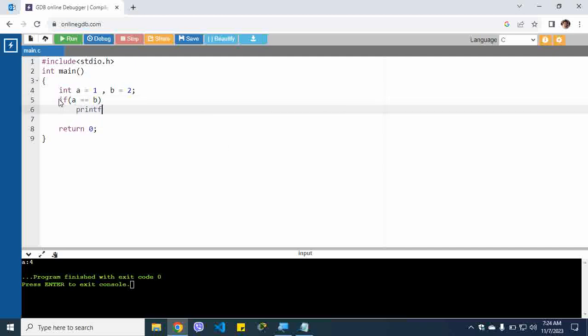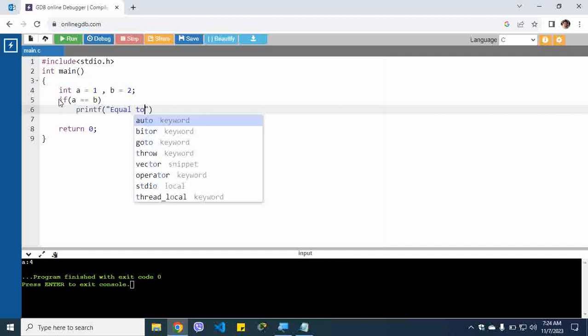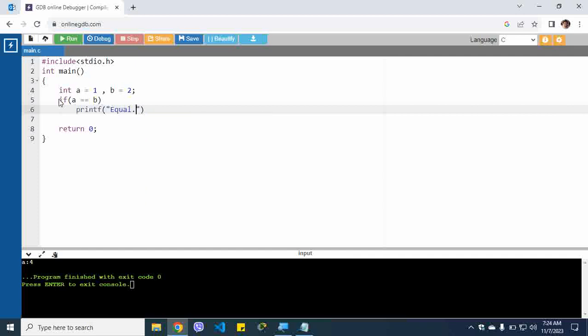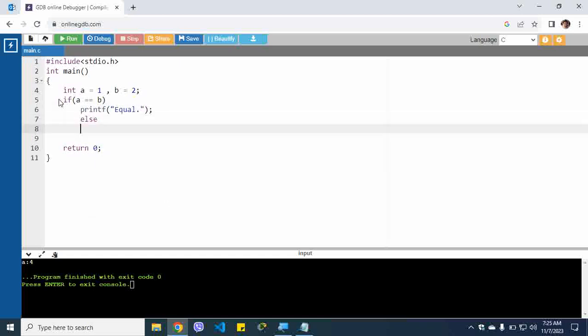Then printf, equal. This is true then, this is equal to. Are equal, are not equal. Anything you can write. Then else, printf, not equal.